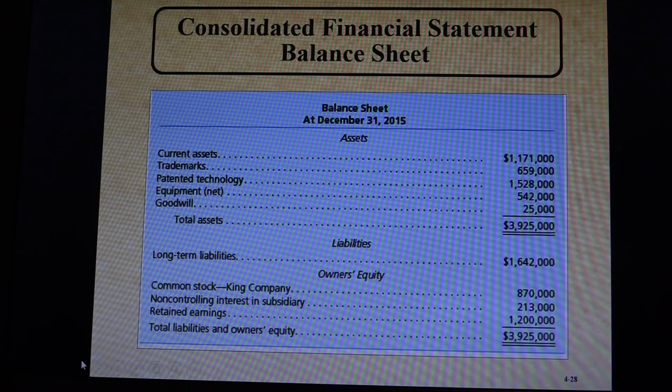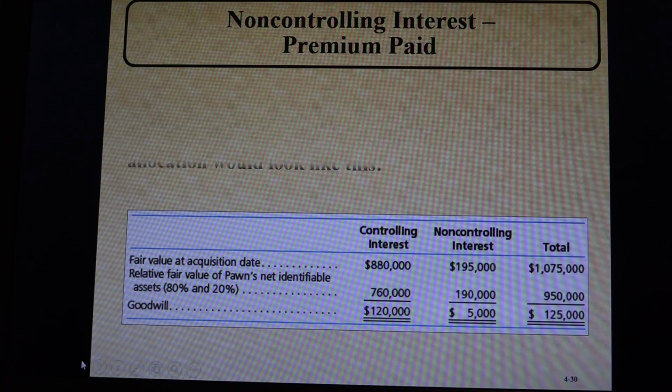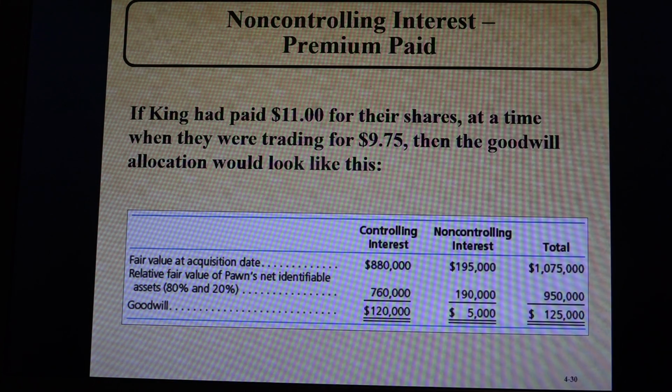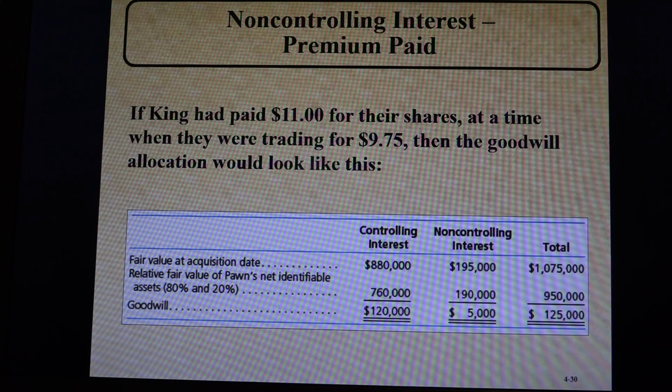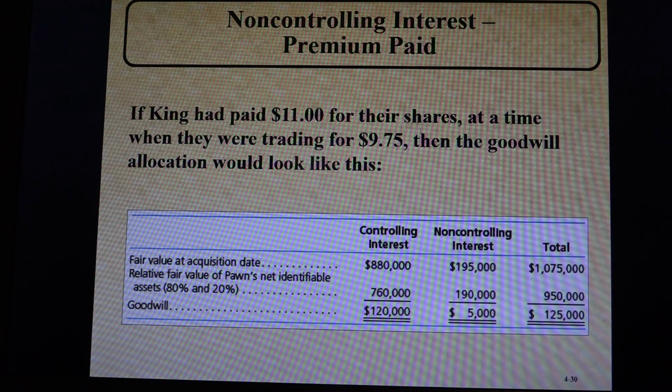No, it doesn't show it, but essentially, if you look at the other four things they do, they, of course, have their column, and the first thing they're going to do is figure out their beginning as of 1/1/15 non-controlling interest in pawn, the balance.